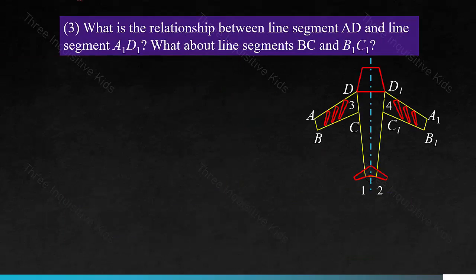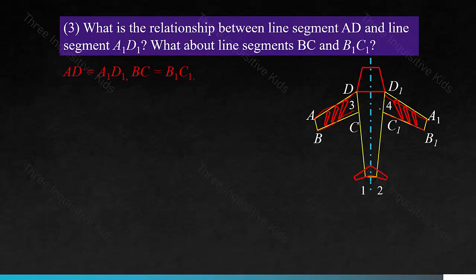What is the relationship between the line segment AD and line segment A1D1? What about line segments BC and B1C1? So AD and A1D1, and BC and B1C1. So AD is equal to A1D1 and BC is equal to B1C1.